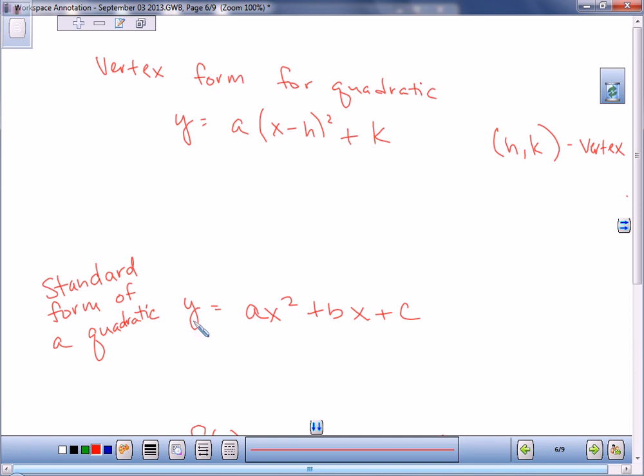Now, this is a little trickier to graph and display graphically. So we're going to talk about how we can relate this back to this, because this is really easy to graph. From the vertex, we can quickly look at how we would have to change those squared moves from the vertex.